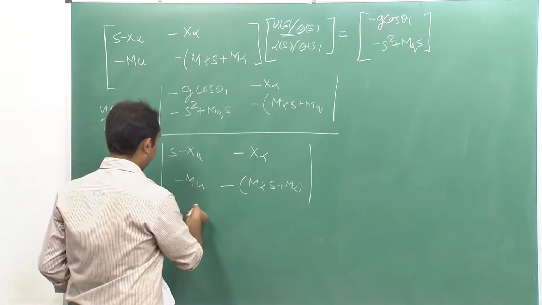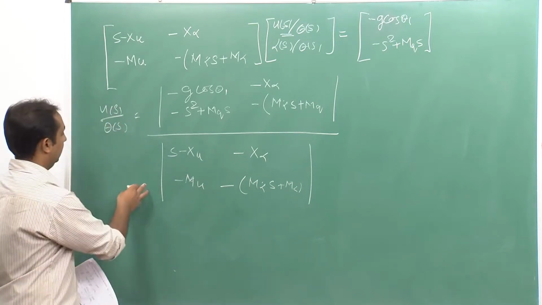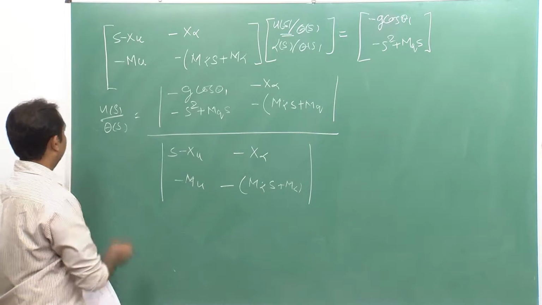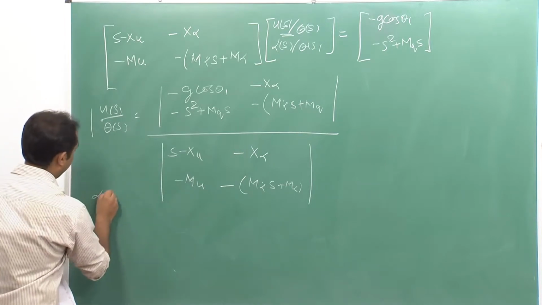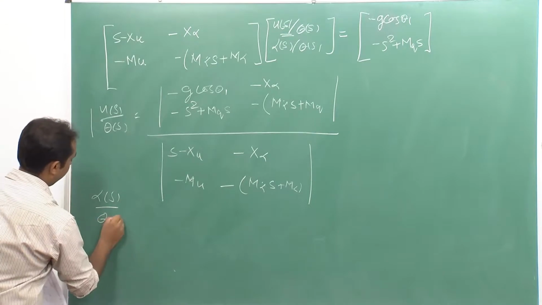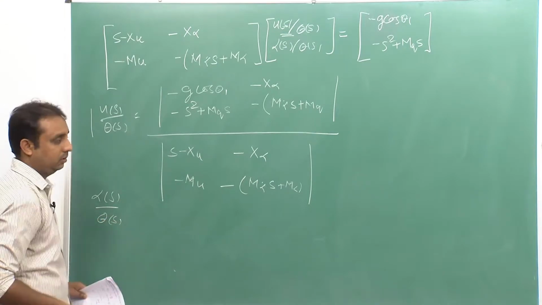Now, the denominator in both the cases, that is u by s upon theta by s and alpha by s upon theta by s, will be the same.